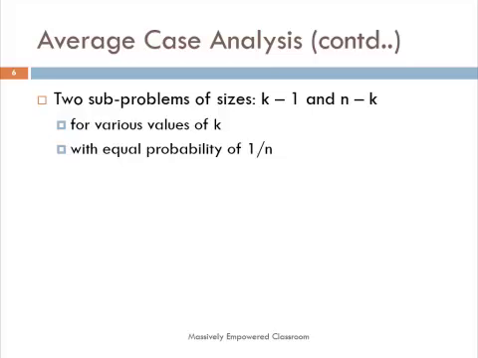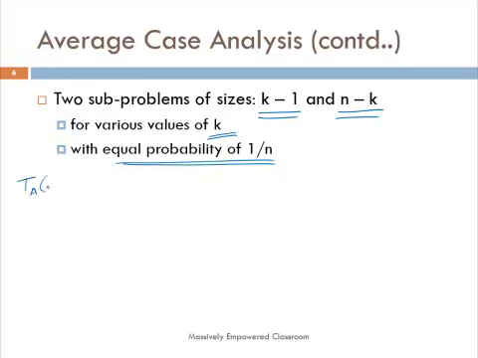Right? So now, how do we analyze this? When we do a partition, we get two sub-problems. One is of size k minus 1, the other is of size n minus k. The other extra element will be the pivot, which is actually in its correct position, so it won't belong to either of these sub-problems. For various values of k, which occur with equal probability, we have to write the recurrence relation.